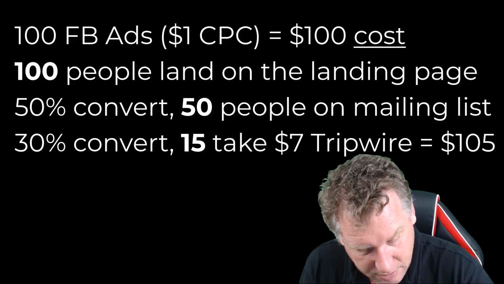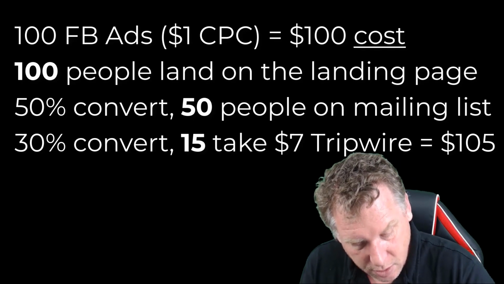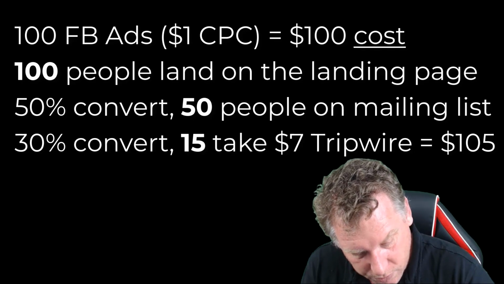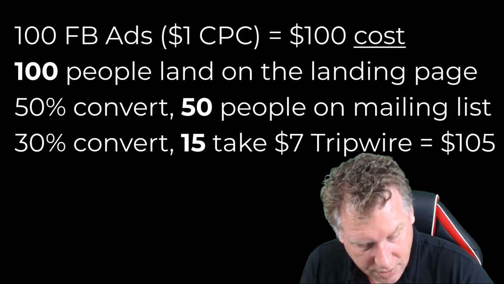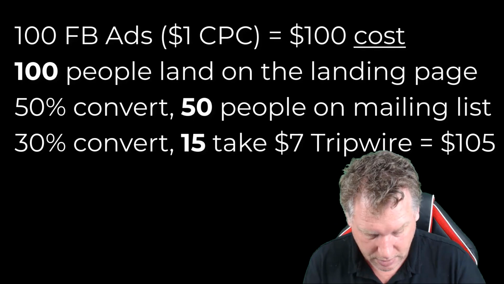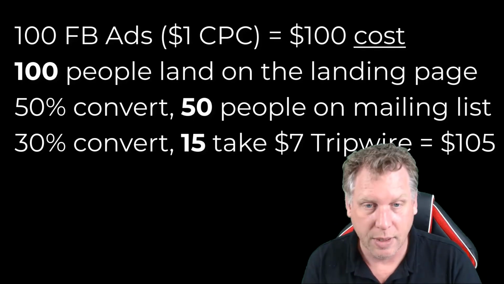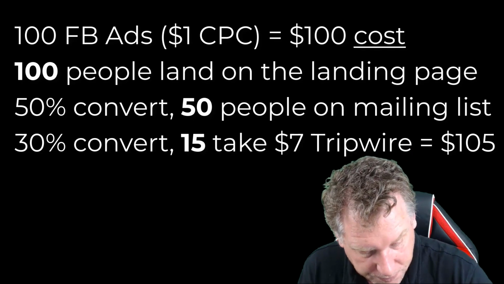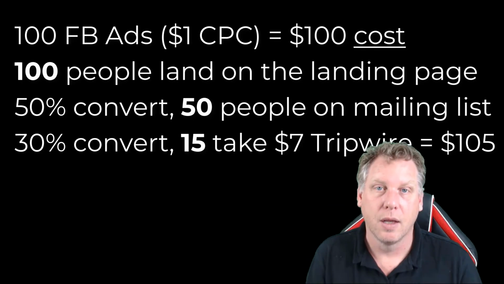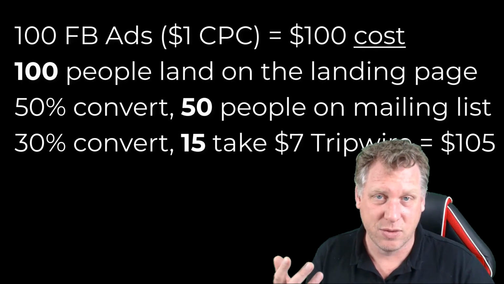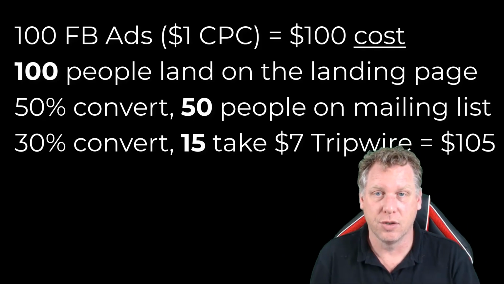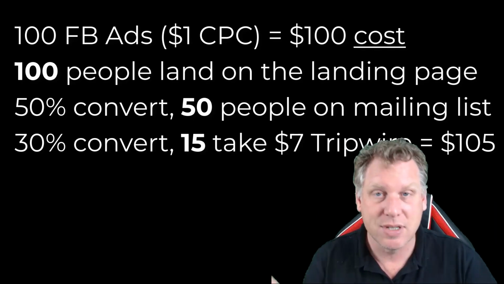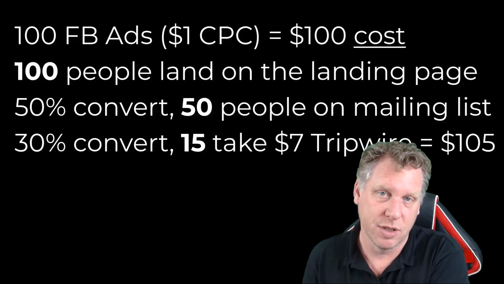So 30% go through, which is 15. 15 goes straight through. 15 times $7 is, let me get this right, 7 times 15, 105. Okay, before we've sold anything else to them, we've covered our advertising costs. We've actually made $5 profit. Happy days. But give or take $1, we've covered our advertising costs.